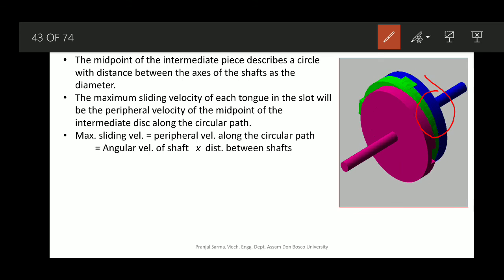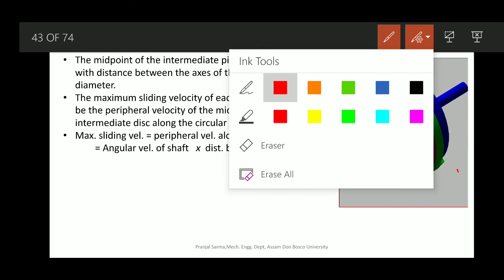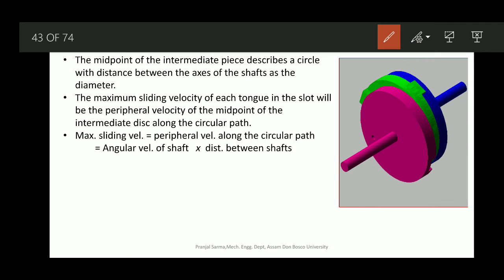If you visualize from the green plate, the intermediate plate, you can see some extra portions coming out from that blue part. It will be evident once it reaches this side. Yes, now you can see the tongues are coming out. With this sliding, it is connected.